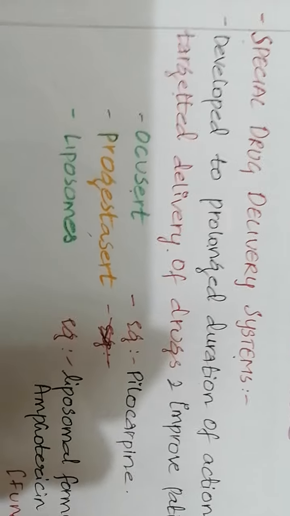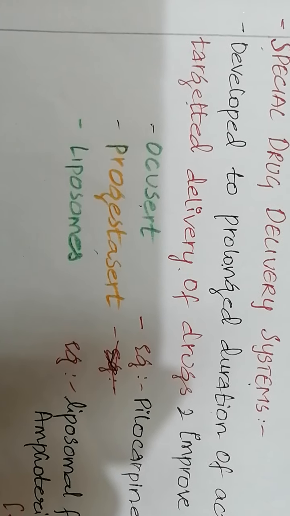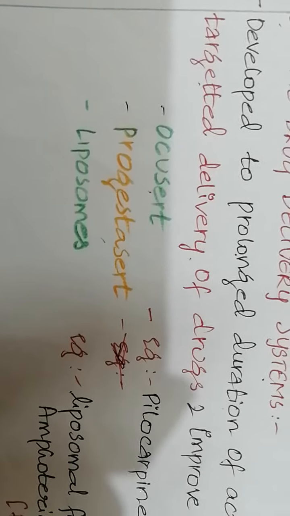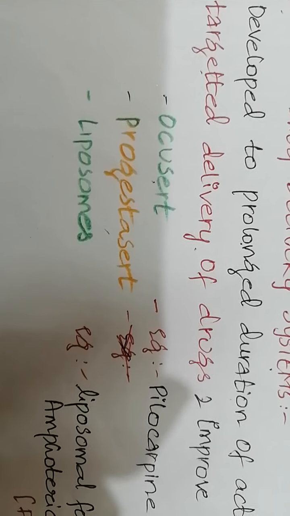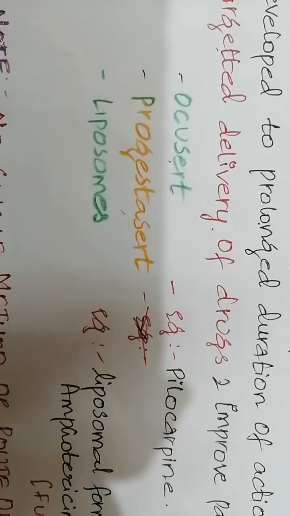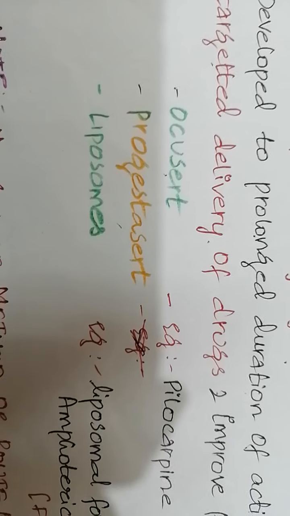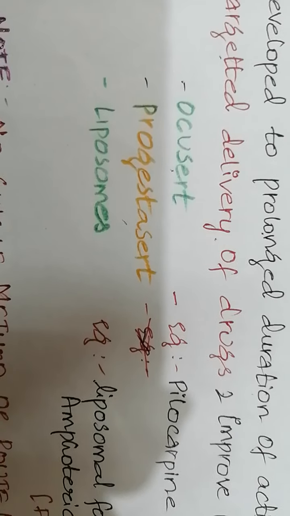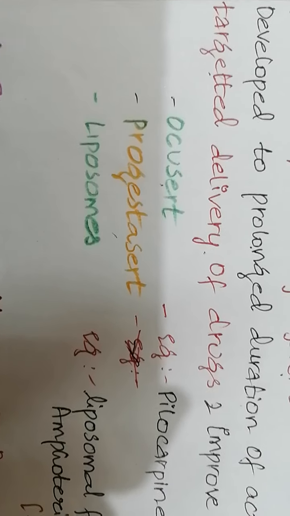Progestasert is an intrauterine contraceptive device that releases progesterone slowly for a period of 1 year. Liposomes are small, minute vesicles made of phospholipids into which the drug is incorporated.